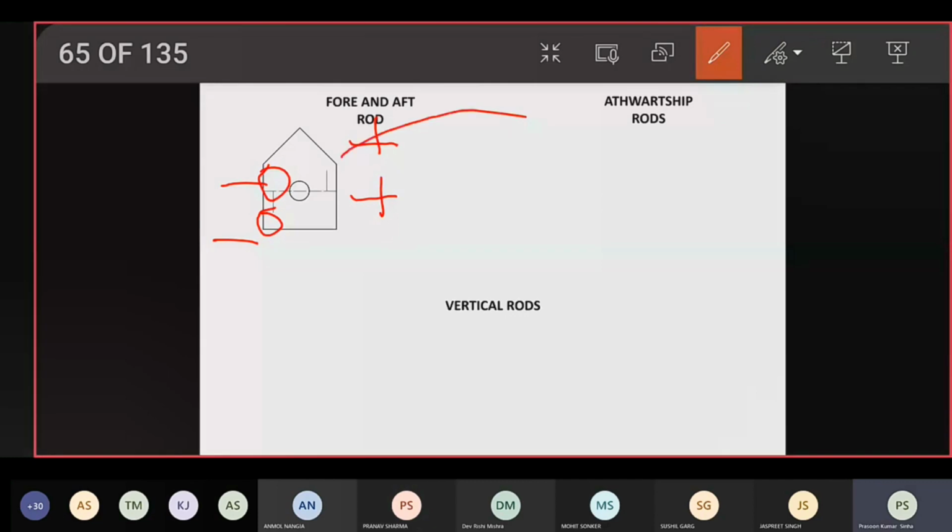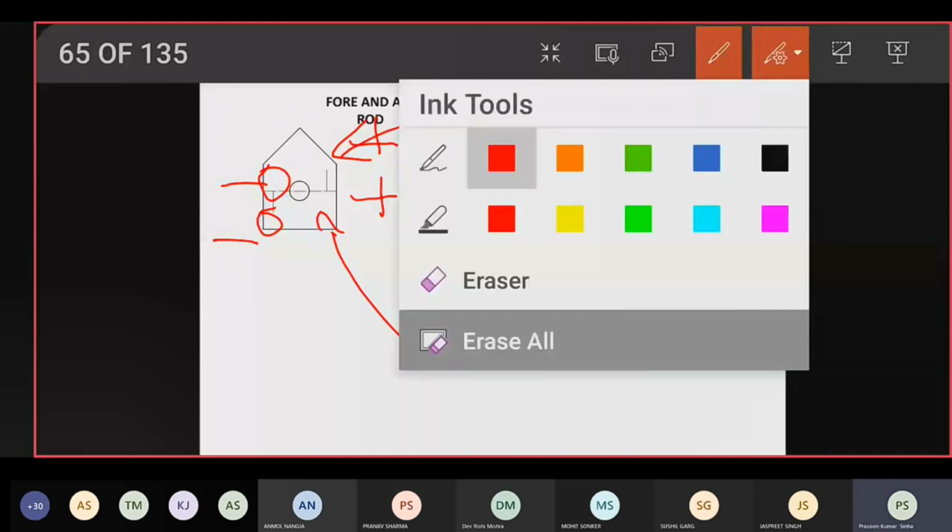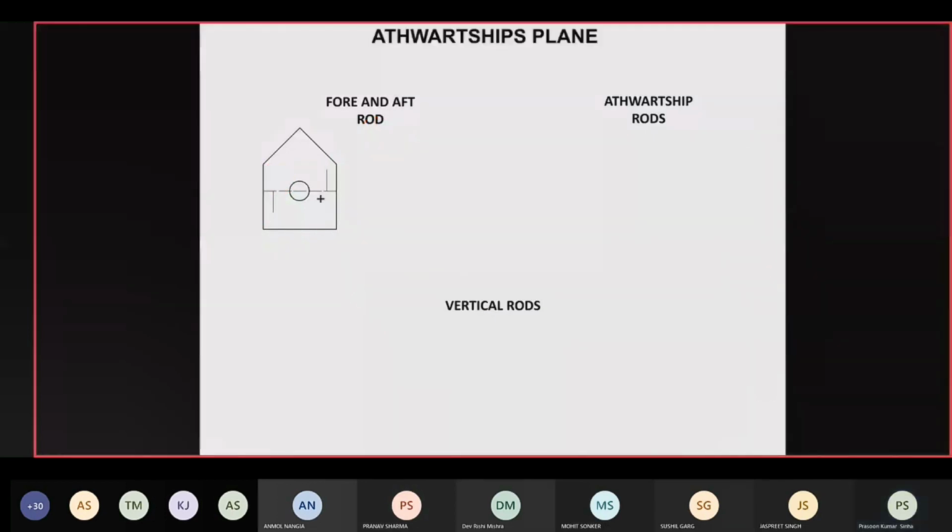Here, this one is forward of the compass. This one is starboard of the compass. So both are positive. And hence, this gives rise to D rod, which is positive D. Similarly, there can be rod like this, arranged in this manner, and the signs will change.